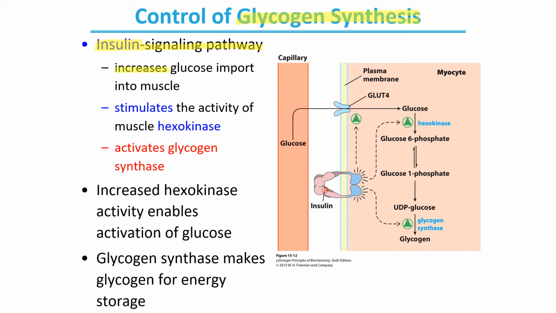First up is the increased glucose uptake, or we can call it increased glucose import into the muscle. So more and more glucose will be taken inside the cells, which is shown here as myocyte. It will stimulate the activity of the enzyme hexokinase, which is one of the main enzymes of glycolysis.